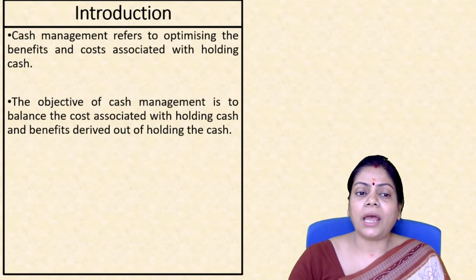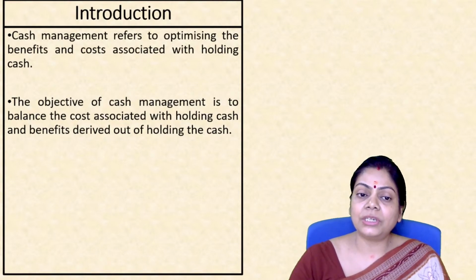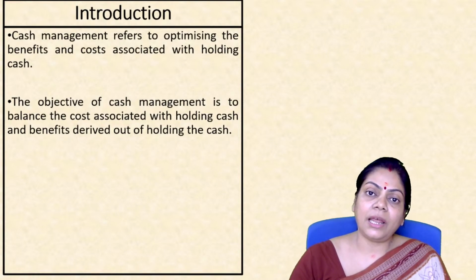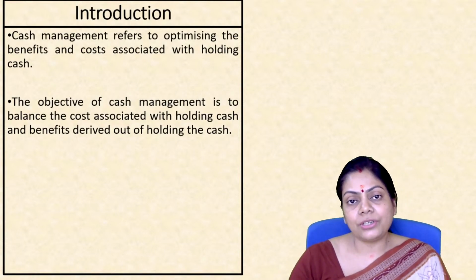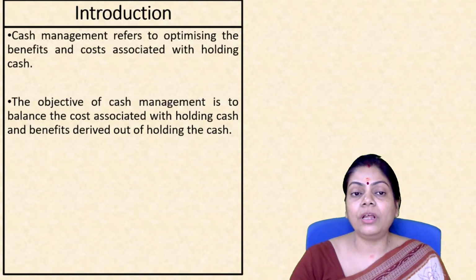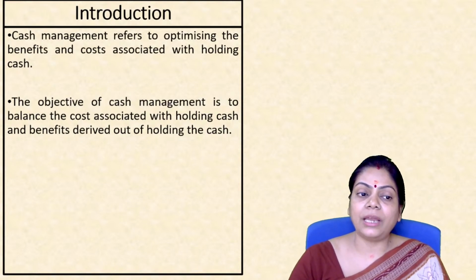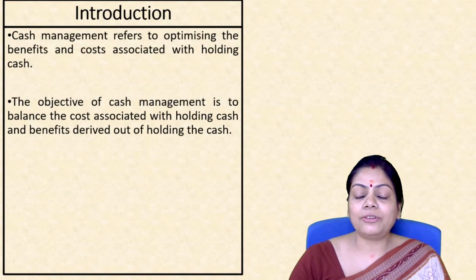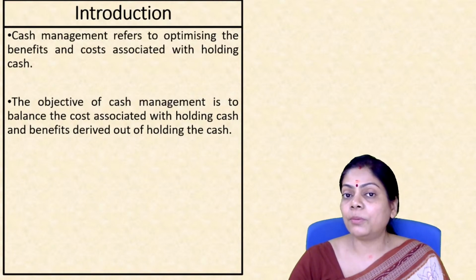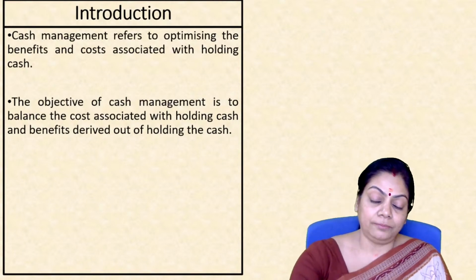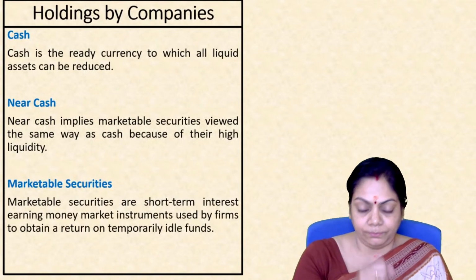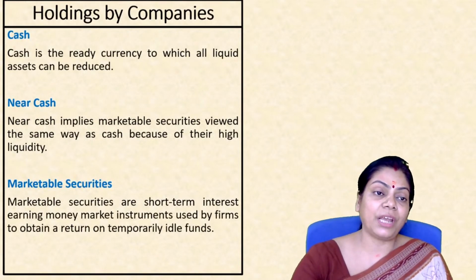I should hold just enough cash, the amount which is just right for my business, so that I get the maximum benefit and my cost is minimum. So I decide on the optimum level of holding cash. These are the objectives with which we go for cash management.